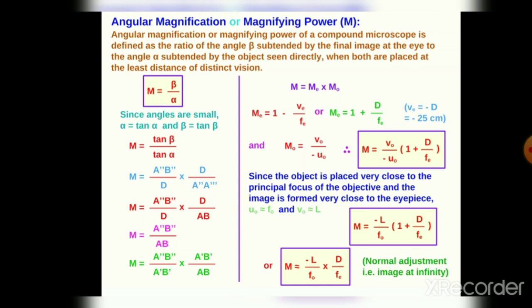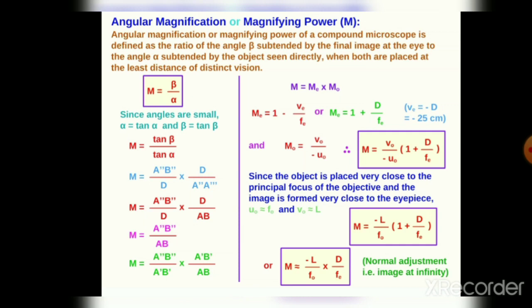Or in a similar way you can write m0 is equal to hi upon h0, that is hi is equal to beta and h0 is equal to alpha. In another way you can also write m0 is equal to L upon f0. These are the ways to write the magnification equations.